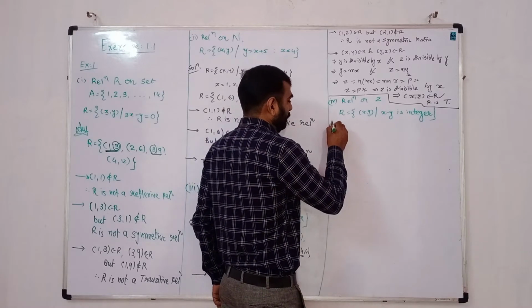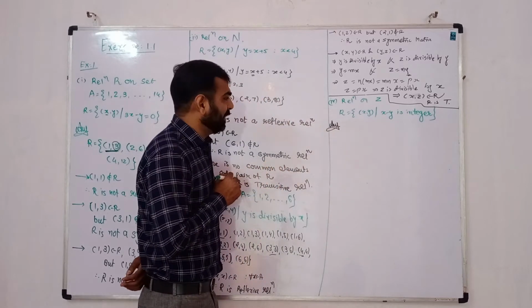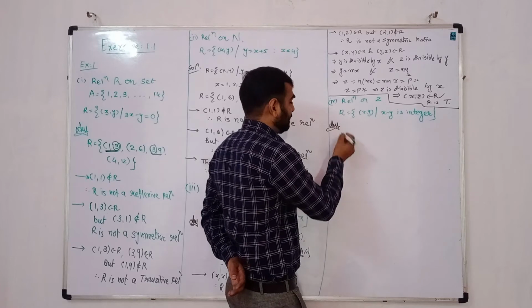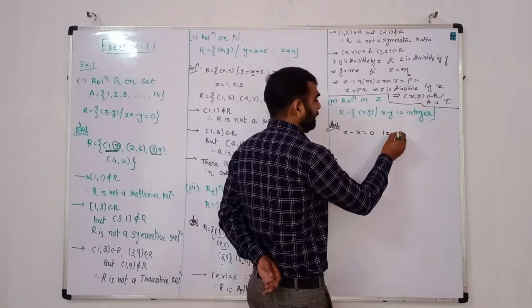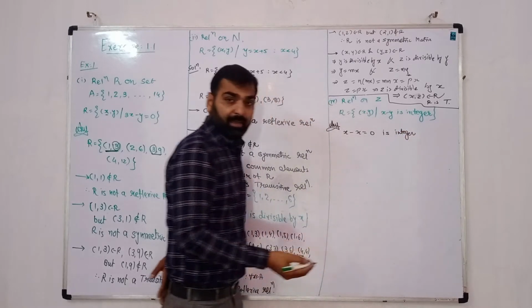Okay, so now we prove it for reflexive. What will we do? y is replaced by x, that is x minus x is equal to 0. Is 0 an integer? Yes, 0 is an integer.